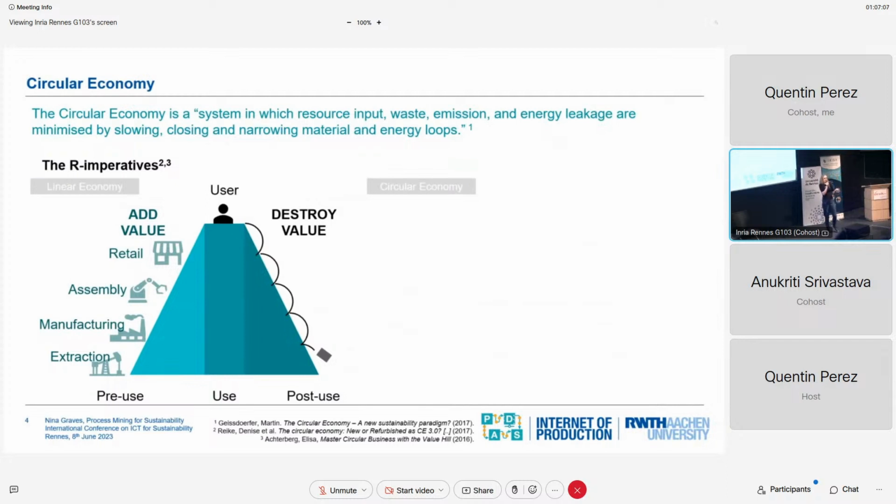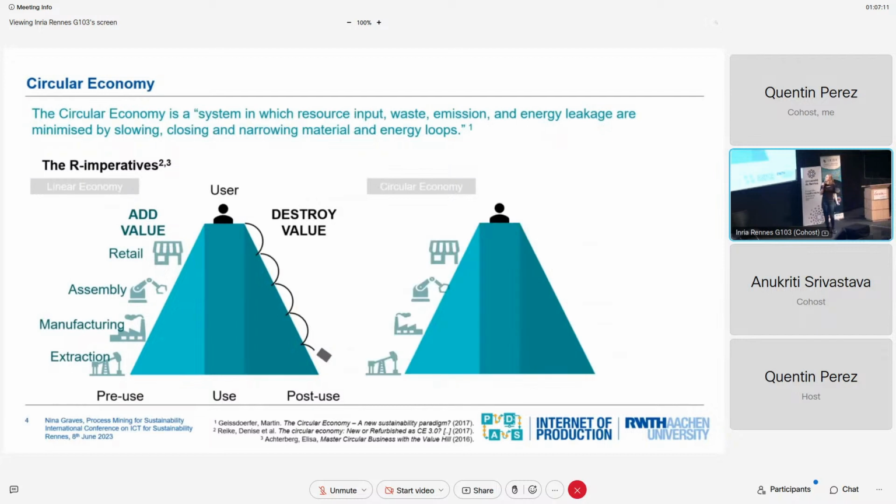We use them, and then we just destroy them. We throw them in the bin. And we want to move to a circular economy in which we have different possibilities to not destroy the value, but retain it instead.